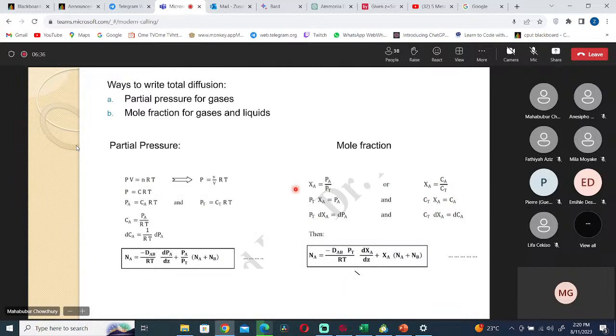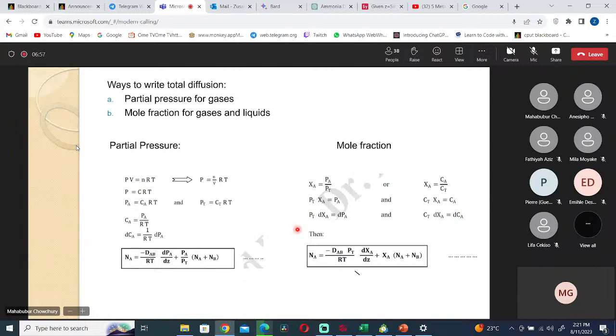So if these are true, I can say PT multiplied by XA equals PA, and PT multiplied by dXA equals dPA, because I am just writing in the form of a derivative. Similarly, CT multiplied by XA equals CA, and dCA equals CT dXA.